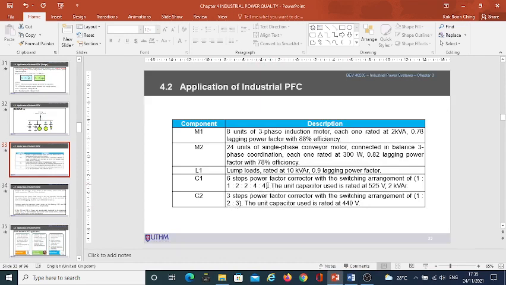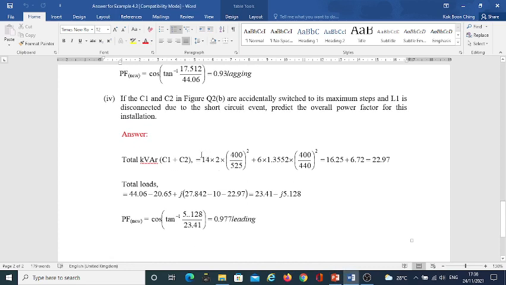So in total we have how many? 4, 4, 2 is 10, 13, 14. So we have 14 units for C1 and 6 units for C2. Of course we need to compensate the voltage difference.